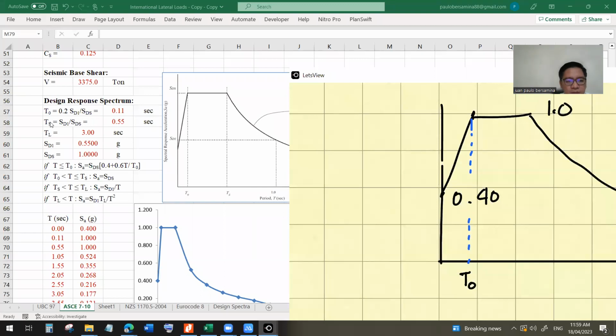formula niya ay 0.2 SD1 over SDS. So anong natin?